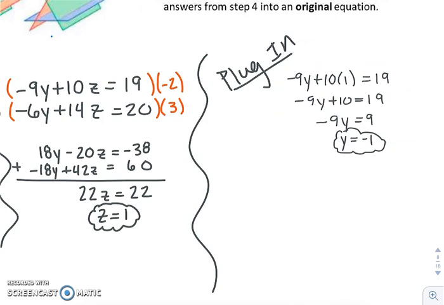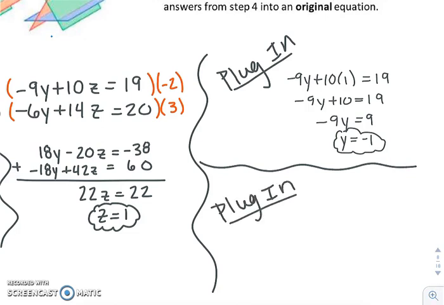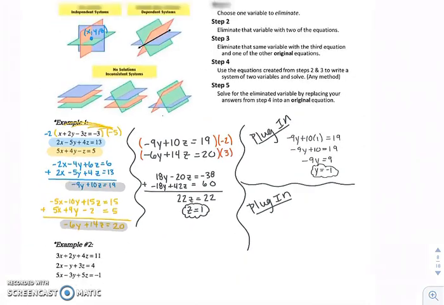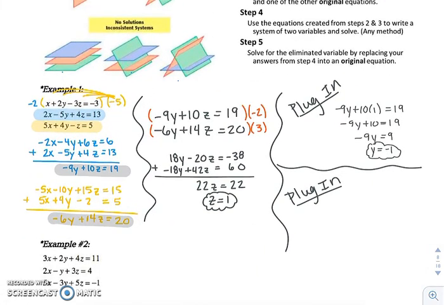And then you have to plug z and y in one last time to get your third variable, which in this case is x. So I'm just going to plug it into one of the original. So let's just do the blue highlighted equation. 2x minus 5y plus 4z. So 2x minus 5 times, we now know y is negative 1, plus 4, we now know z is 1, equals 13.